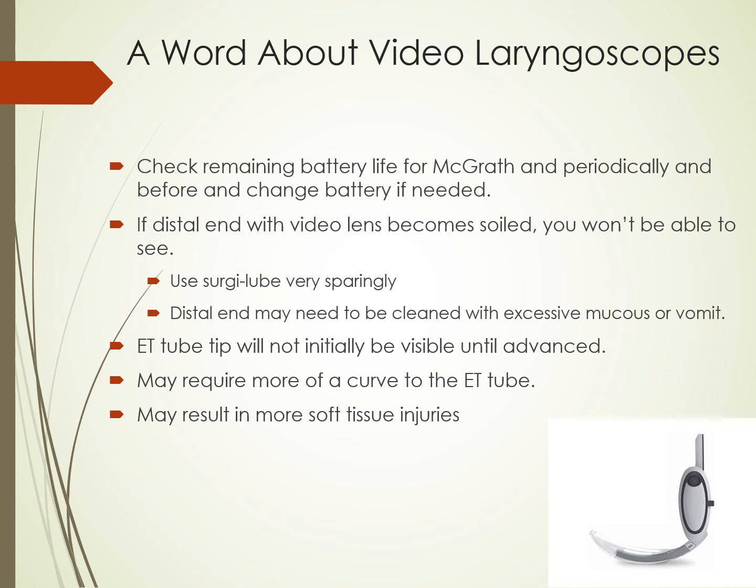You need to continue advancing, and then it'll come into view on the screen. So it's easier with a video laryngoscope to view the glottis, but you need to get used to the fact that there's going to be a point in the process where you're probably going to temporarily lose view, and you just need to very carefully advance the tube. It may require more of a curve to the end of the ET tube. I just don't use too much of a curve myself.